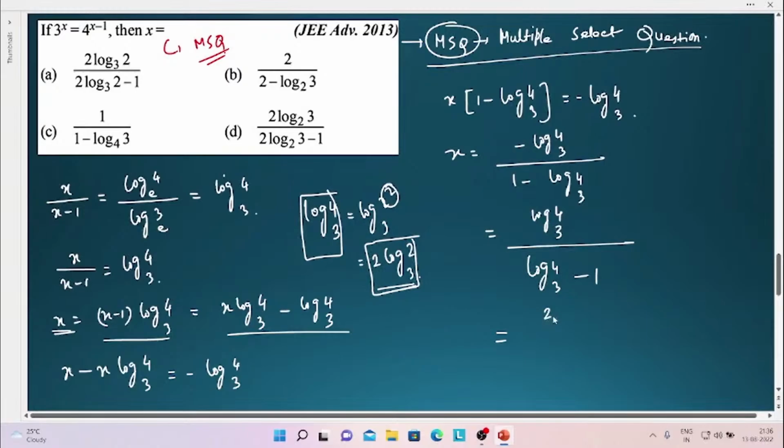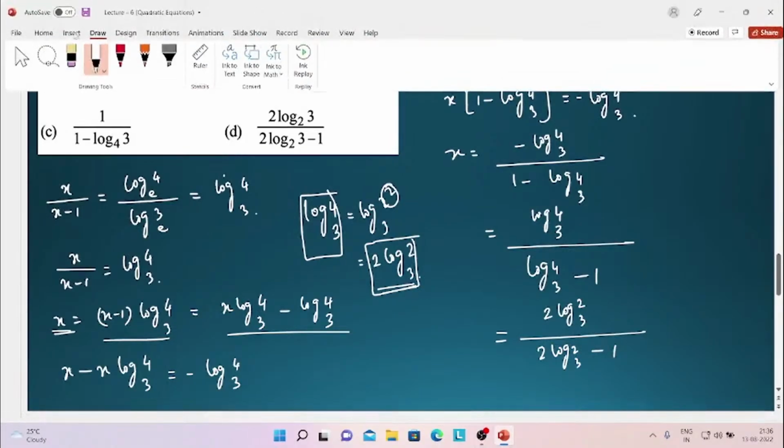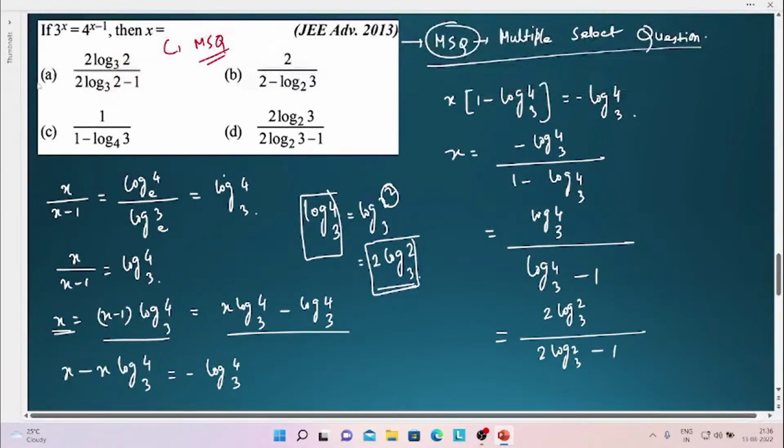So the numerator is 2 log 2 base 3, and the denominator is 2 log 2 base 3 minus 1. So let me check: yes, option A is the correct option, 2 log 2 base 3 upon 2 log 2 base 3 minus 1.